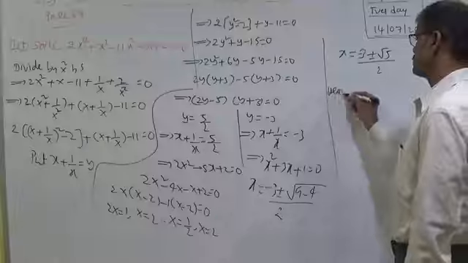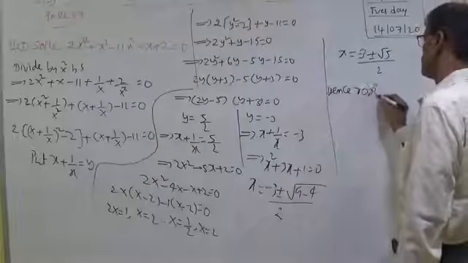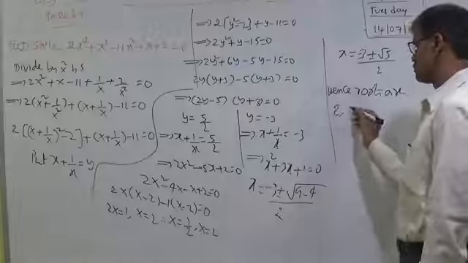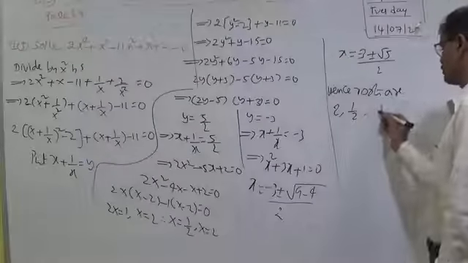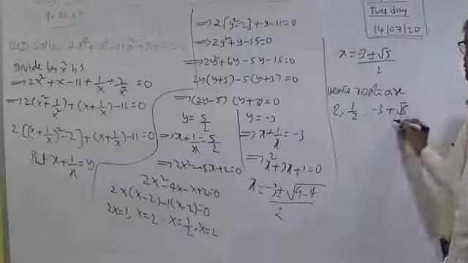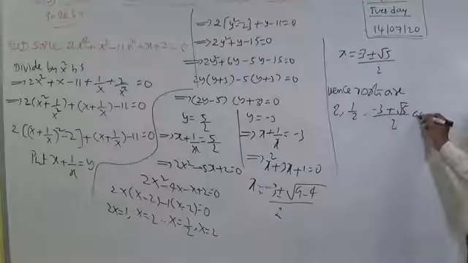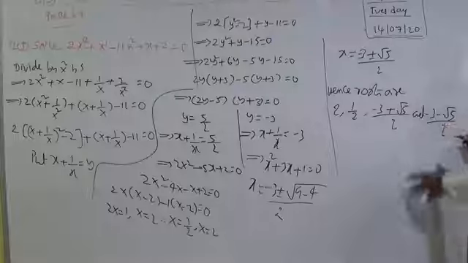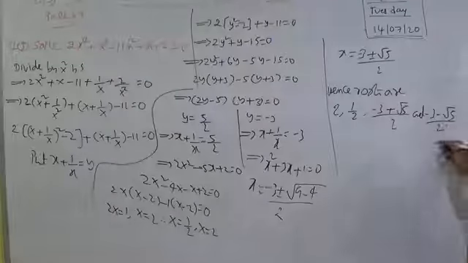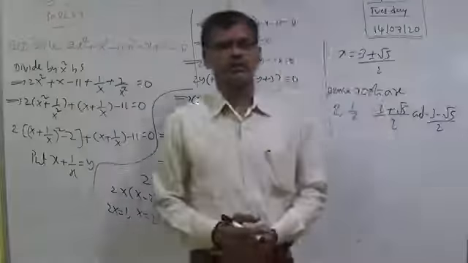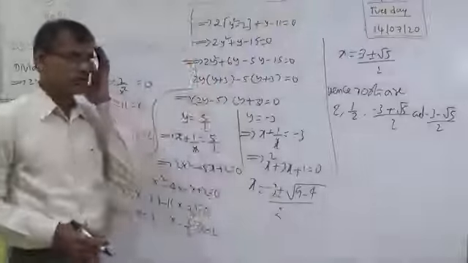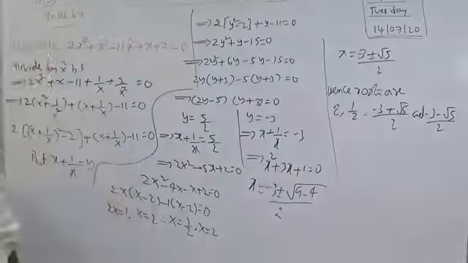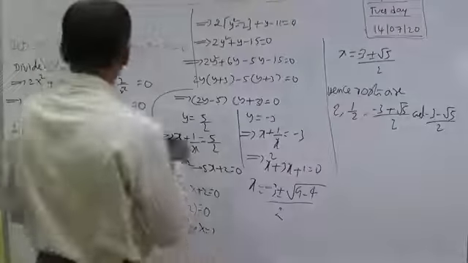Hence, at last you should write, the roots are 2, 1 by 2, minus 3 plus root 5 by 2, and minus 3 minus root 5 whole by 2. These are the roots of the given reciprocal equation.